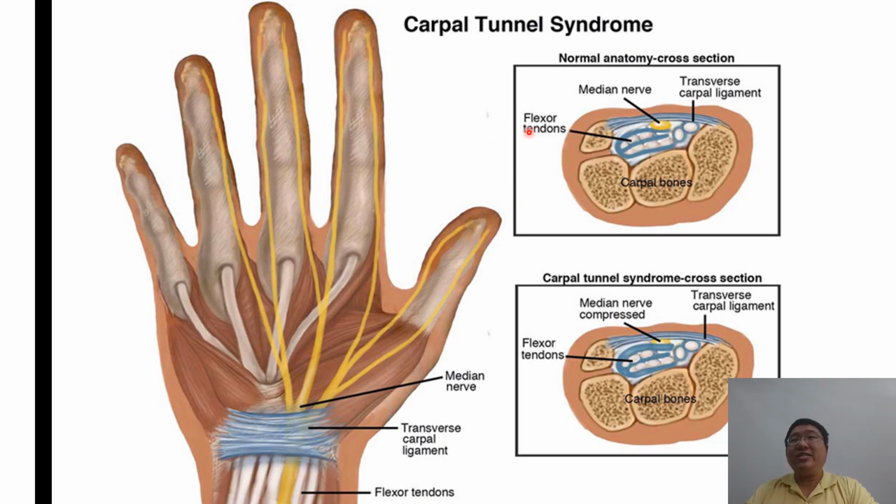When there is entrapment here, when there is increased content here, when there is increased connective tissue here, or when there is edema, this nerve is entrapped, is compressed. So we will have some signs and symptoms attributable to median nerve injury.